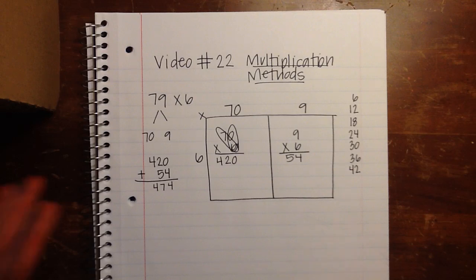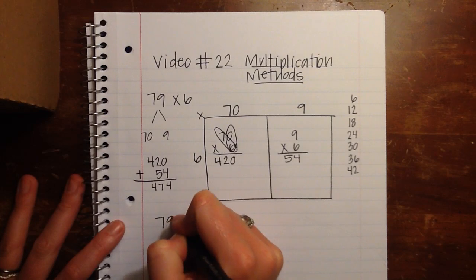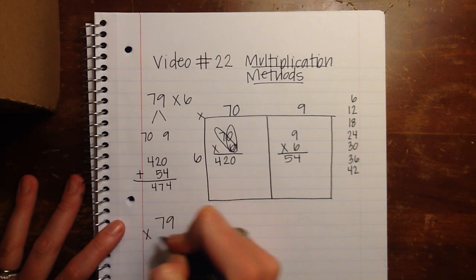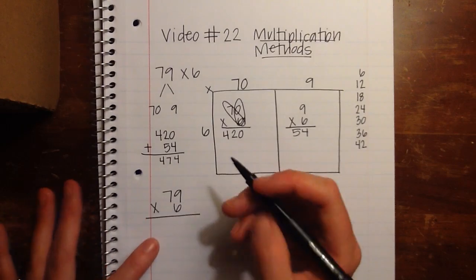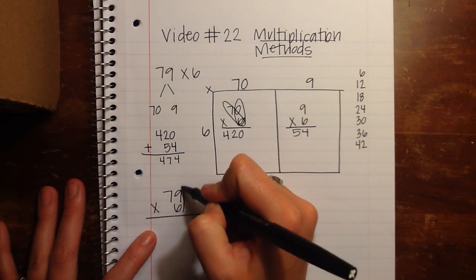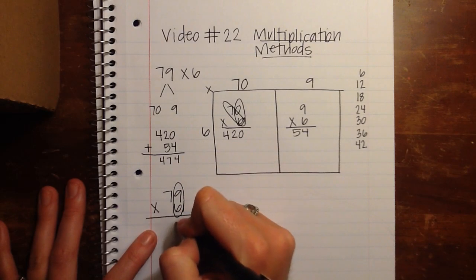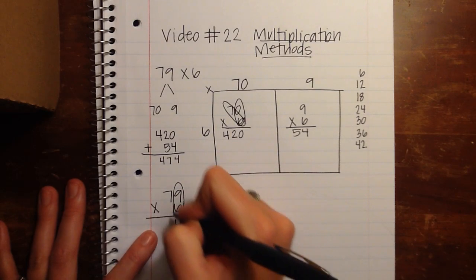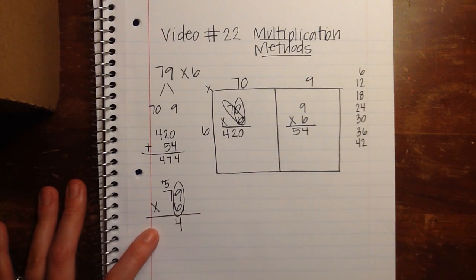I'm going to check it with the standard method. Okay? I'm going to multiply up and down. First step, ones to ones. 6 times 9 equals 54. Carry my 5, and I'm going to put a little plus so I know to add, not multiply.